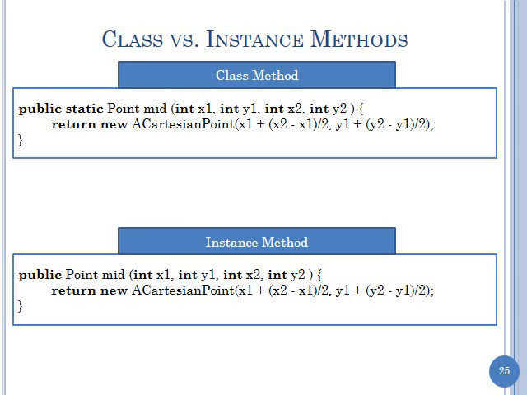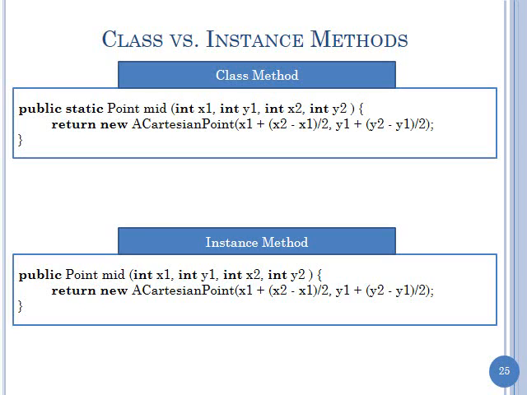Otherwise, you just use the class type itself to calculate this midpoint. Okay. So the point mid is taking 4 coordinates, right? Mid is not saying there's some implied set of points. I'm trying to find some midpoint that's equidistant from all of the points.